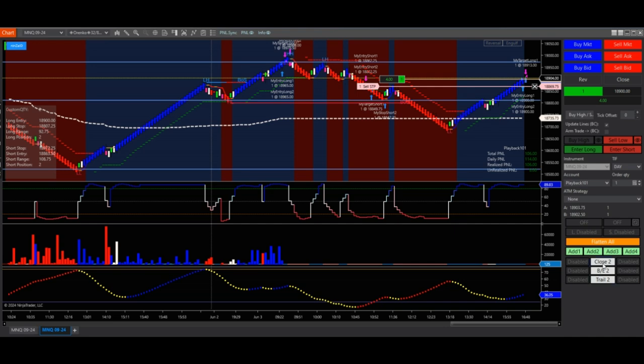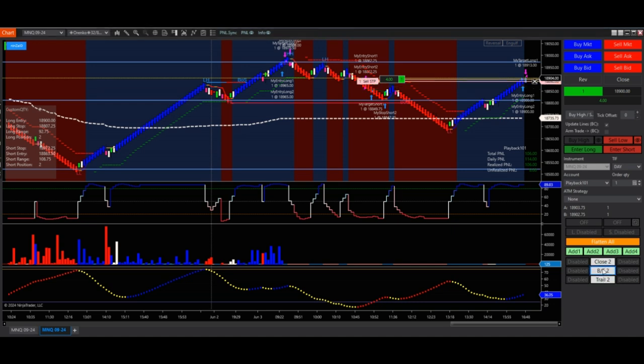So if I want, I could just go ahead and move it to break even to lock in some profit. Break even minus 1, I believe that's what that is. So let's see if it moves up.